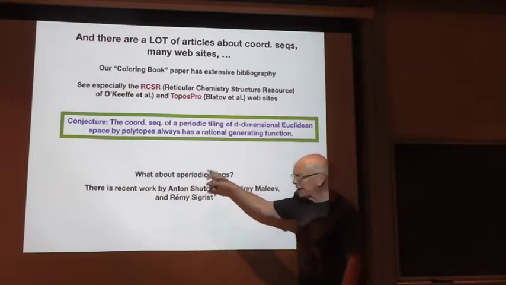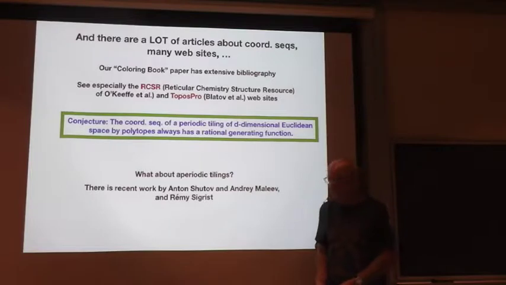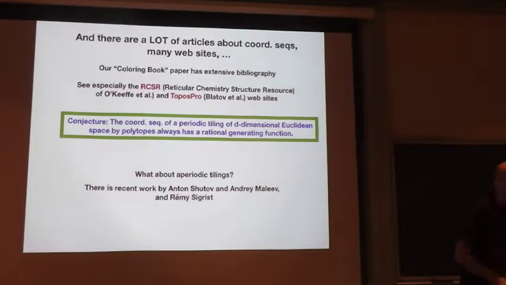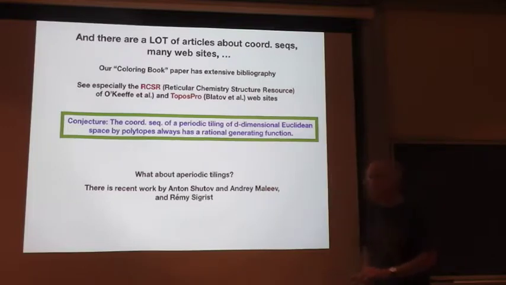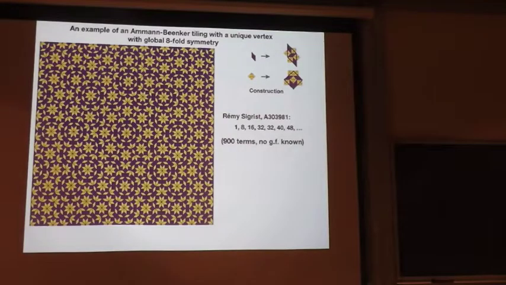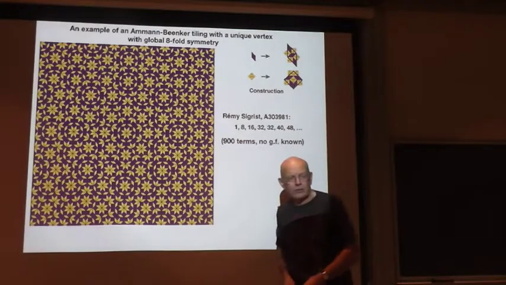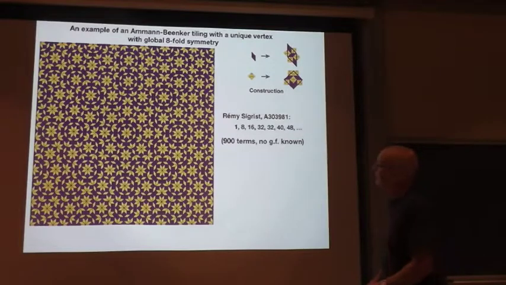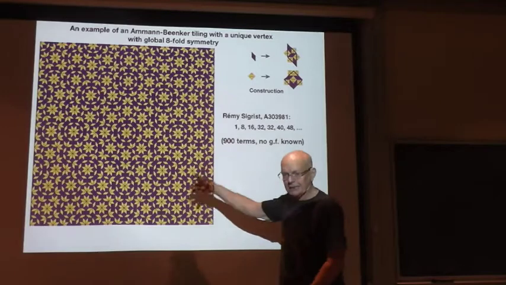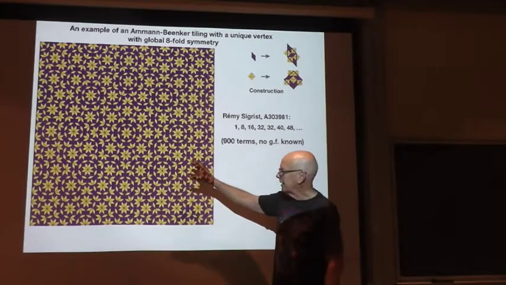You might say, what about aperiodic tilings, like the Penrose tiles, for example? There's been some recent work by Anton Shutov and Andrey Maleev in Russia on this, and also Rémy Sigrist. Here's an example that Rémy Sigrist has worked out. He looked at the Ammann-Beenker tiling. This is like Penrose tiling, and there are many of them.